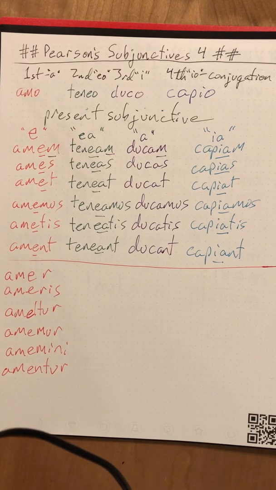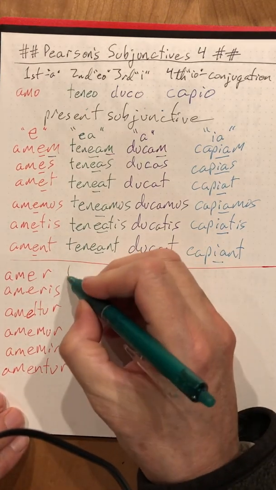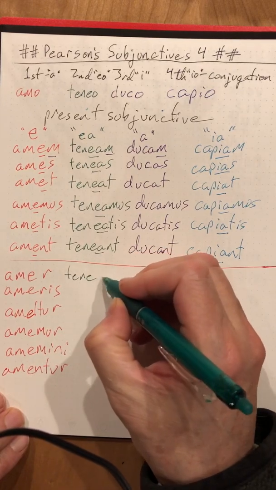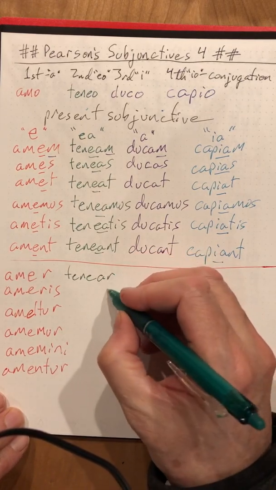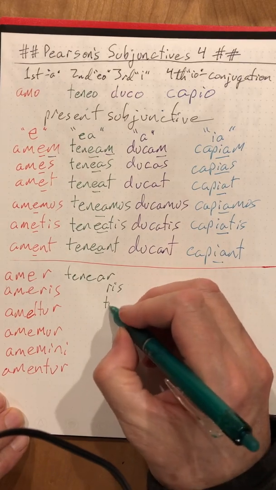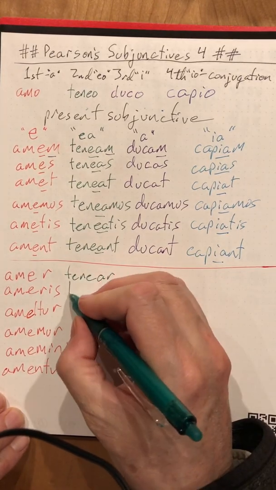Shall I do one more? Sure. Let's do teneo. Tenear, tenearis, teneatur. Super easy pattern, right?